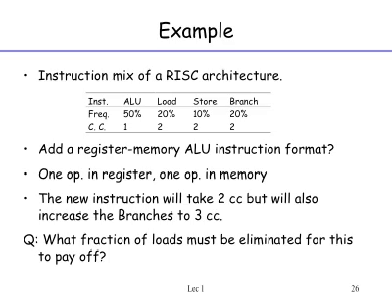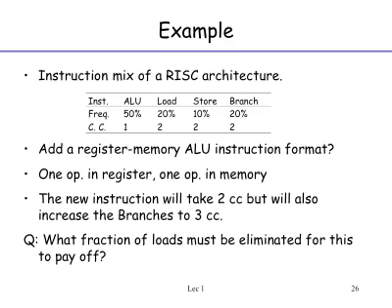What a designer wants to do is to add a register memory ALU instruction. For this new instruction, it will have 1 operand in the register and the other operand in the memory. Okay?